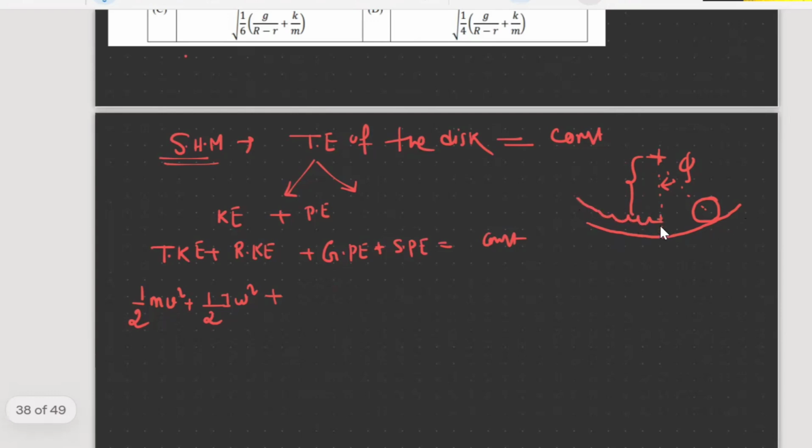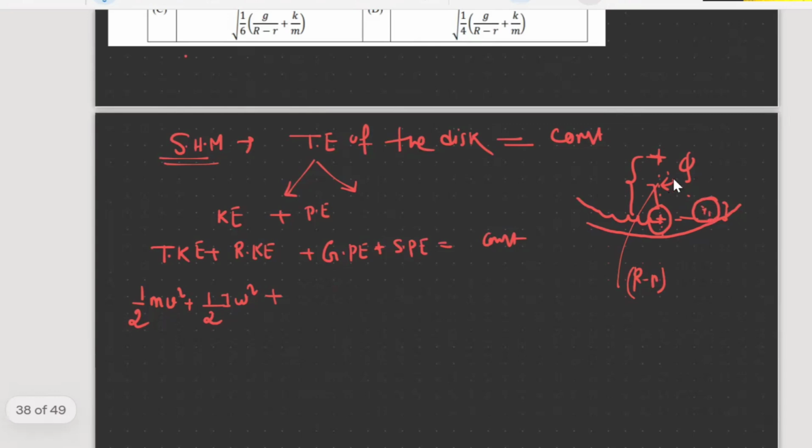While the disk was at the bottom of the ring, that time this was the position. Right now, the position of the disk has changed. So what is going to be the vertical displacement of the center of the disk? This much only. That is capital R minus small r.